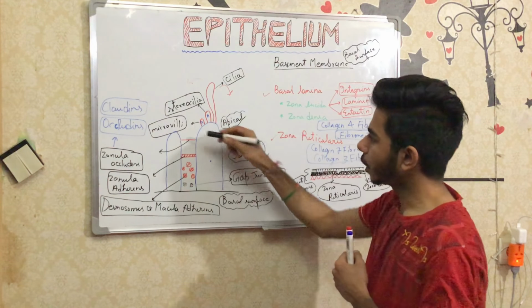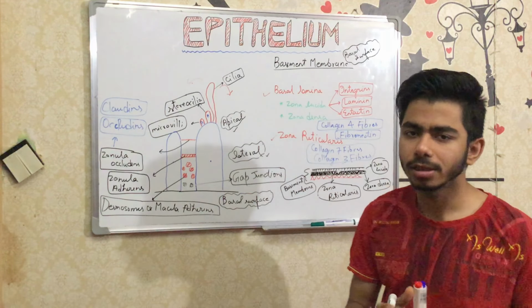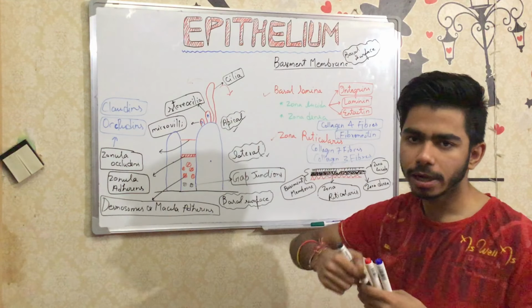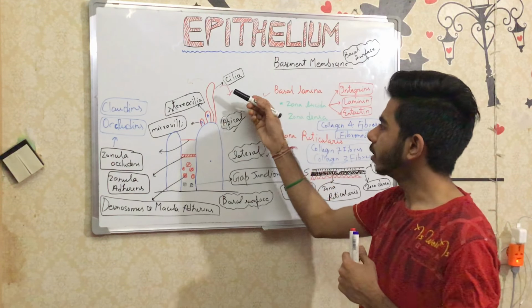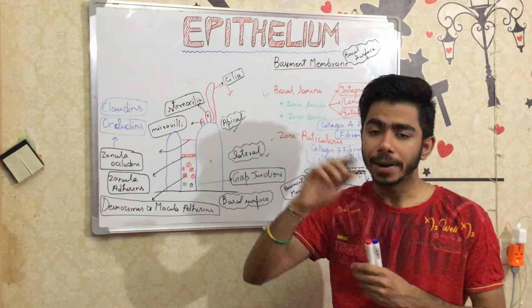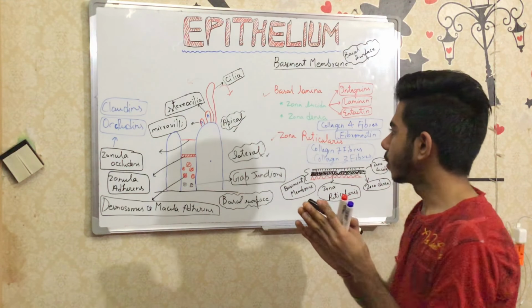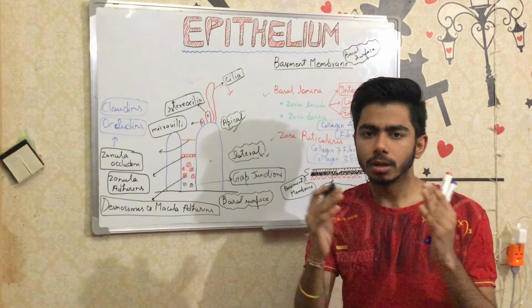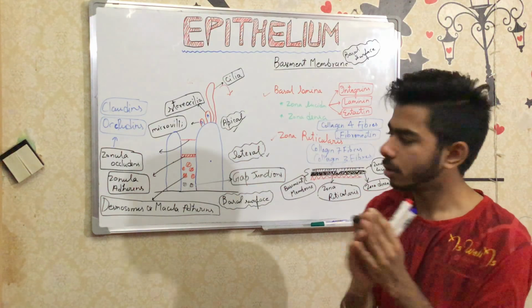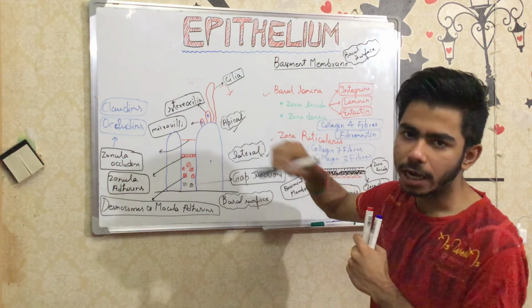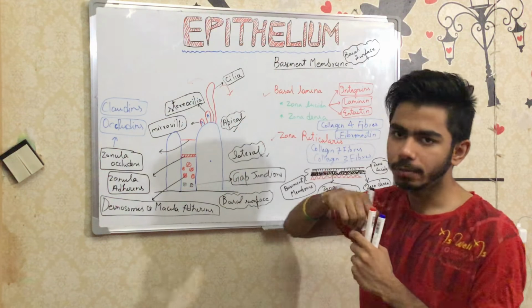Microvilli and stereocilia are non-motile, they can't move, and cilia are motile. Dynein is helpful for the bending or movement of the cilia. Nexin molecules are responsible for binding the microtubules together. In this portion, we have the 9+2 arrangement. In this portion, we have the 9+0 arrangement.